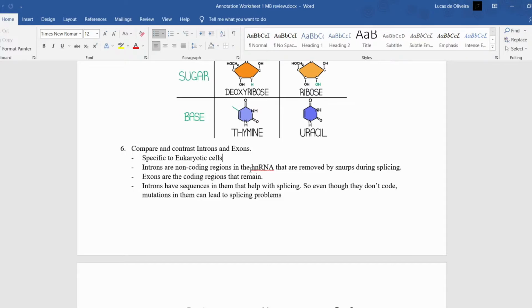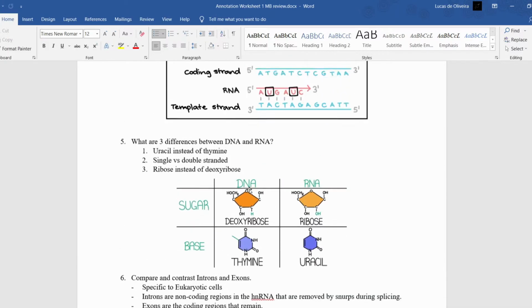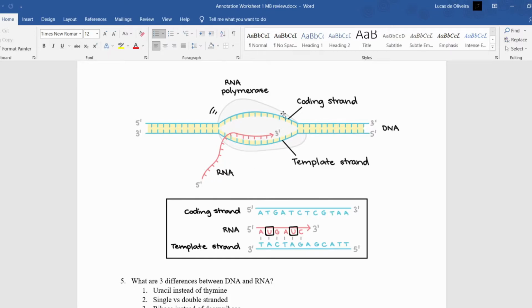Here there's hnRNA. There's another question where I ask what the difference between hnRNA, cDNA, and mRNA are. But hnRNA is the raw product as transcription is occurring. As the RNA transcript is being made initially, it's called hnRNA when it's still unprocessed.